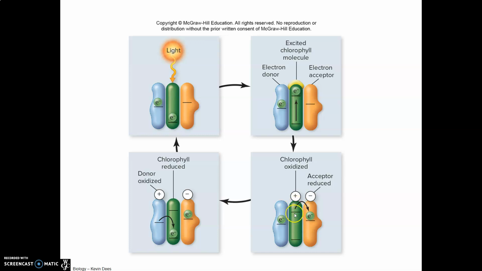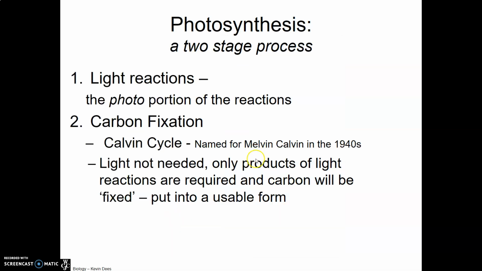But to replenish these electrons, we're going to pull them from water molecules. Now, photosynthesis is a two-step process. The first portion is called the light reactions. This is the photo portion, because it requires photons of light energy to drive it.